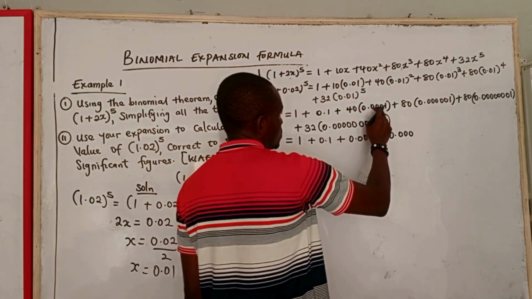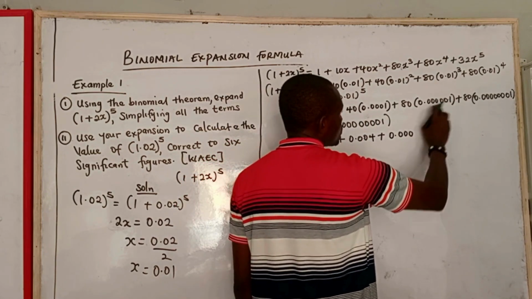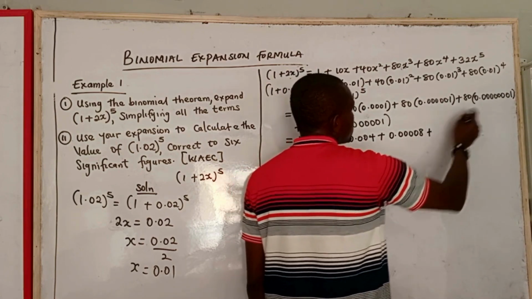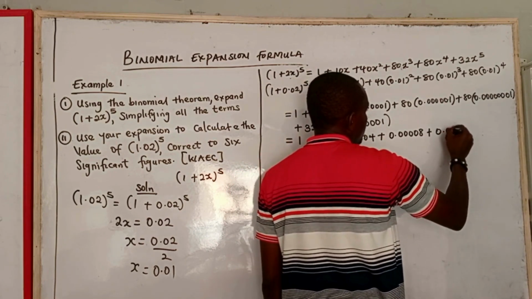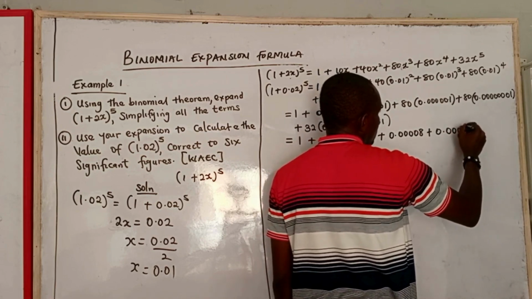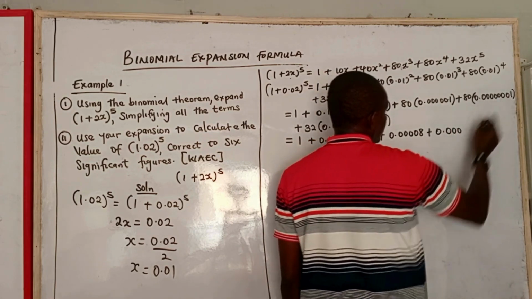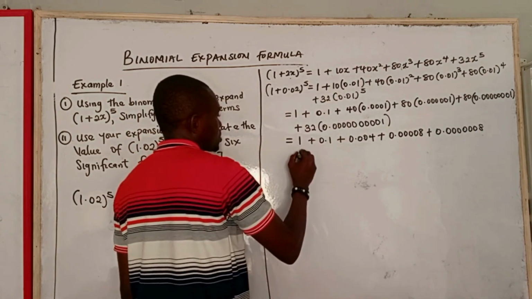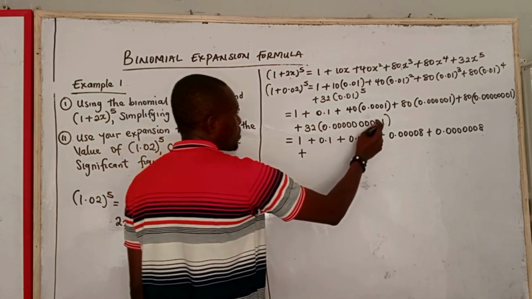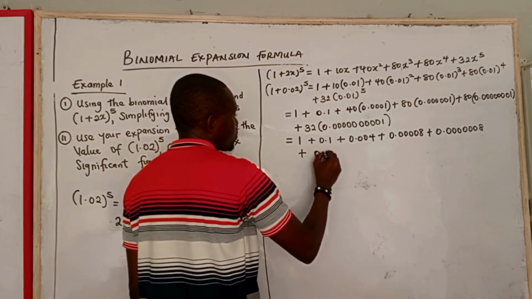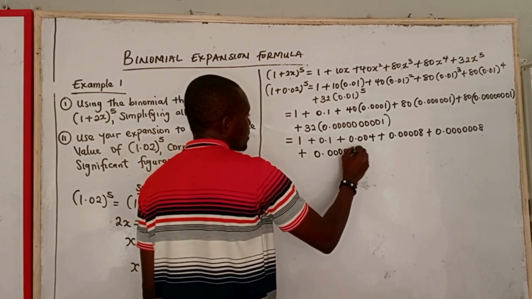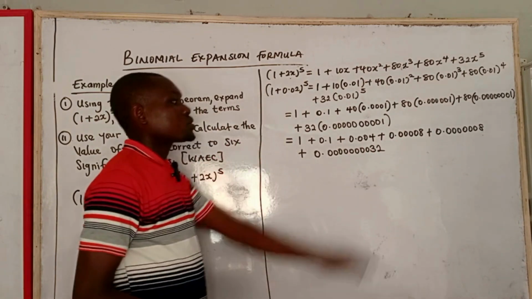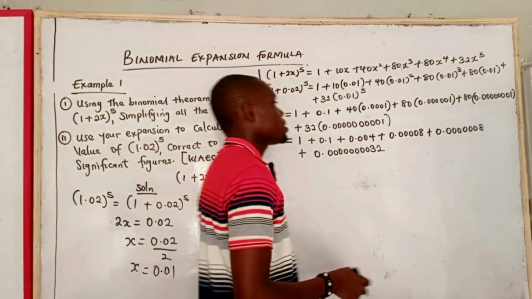Then plus the last terms, counting the decimal places carefully, which gives 0.00000008 and then 0.0000000032. You can use your calculator and do this, and with a calculator it will be easier.